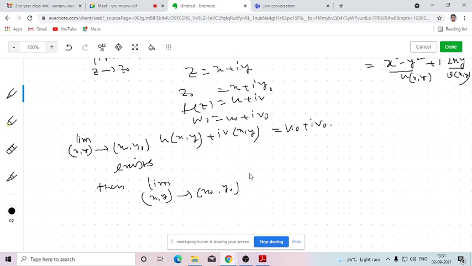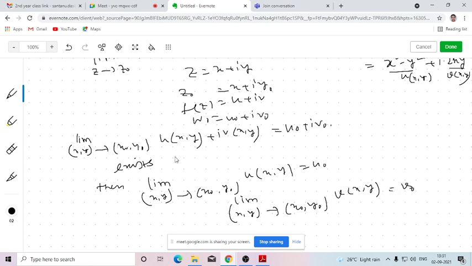So if this has a limit, that is nothing but the real part of the limiting value, and this has a limit, that is this one, then the actual limit will exist.